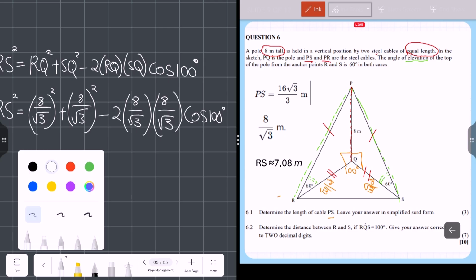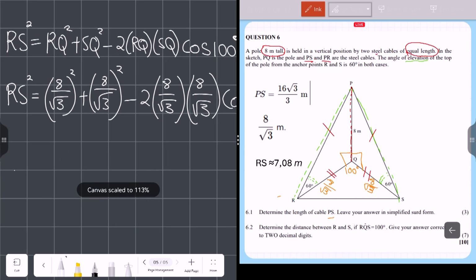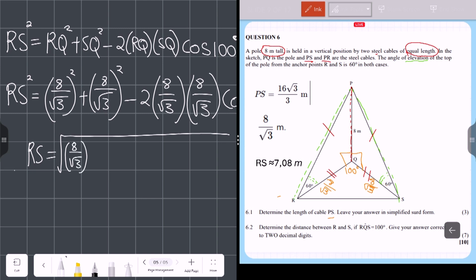When you have it like this, what you can do to save time is put the square root over and then use your calculator. So you're going to say RS is therefore equal to the square root of everything that we have here. Put it as it is in your calculator without missing anything. Remember, there's a plus here, and you put all your numbers like that.